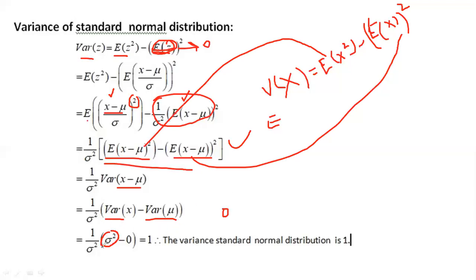So we have 1 by sigma square times sigma square, and sigma square cancels and we are left with 1. So the variance is 1 for the standard normal distribution, and the standard deviation is the square root of 1, which is also 1. Therefore the variance of the standard normal distribution is 1.